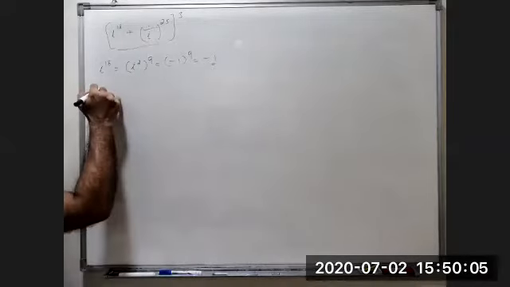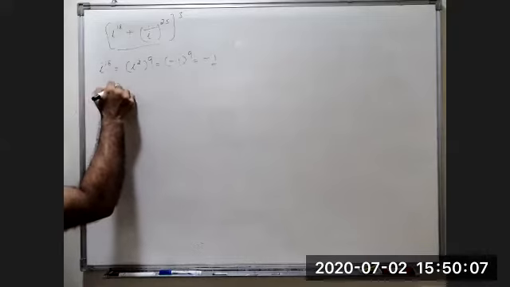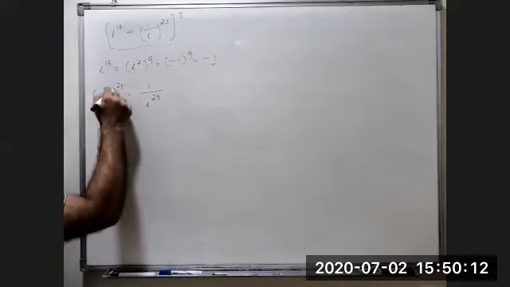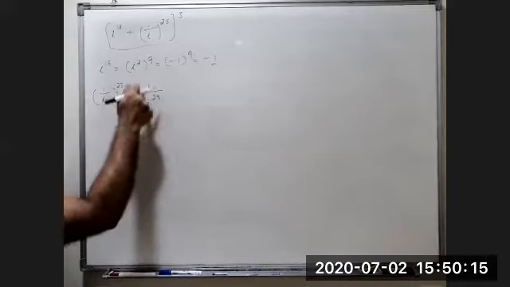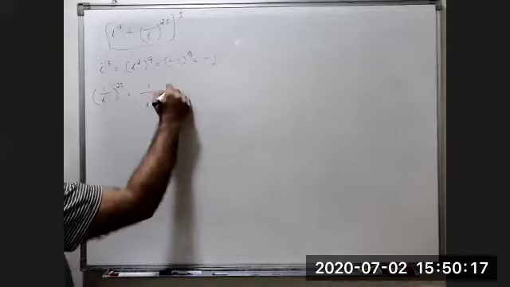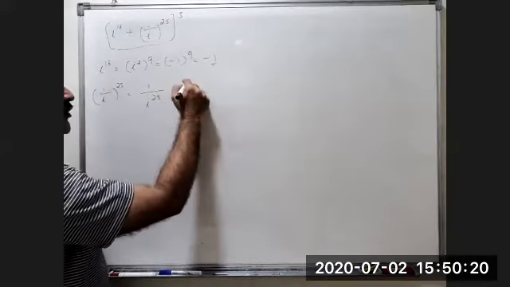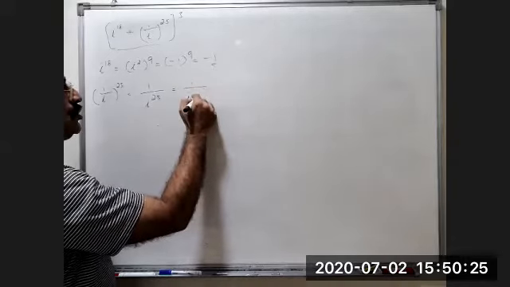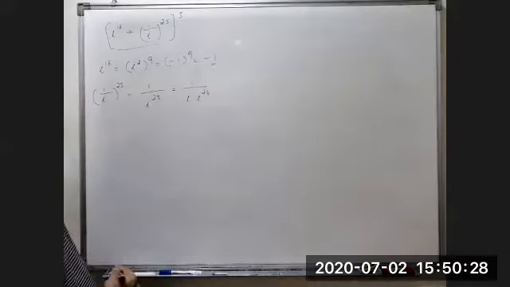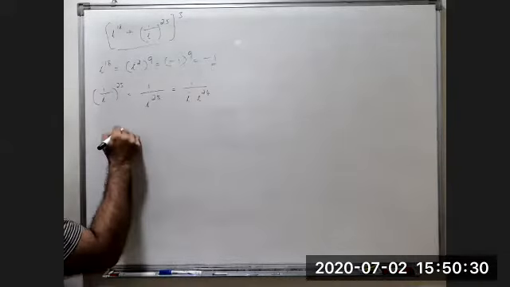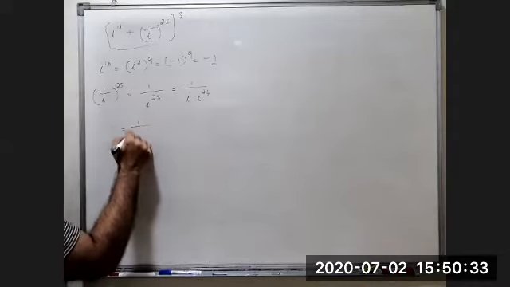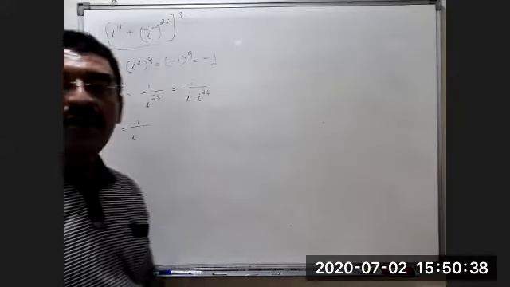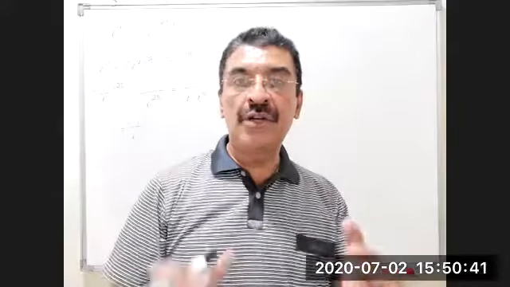Now, 1 by i raised to 25 is the same as 1 by i, the whole raised to 25, because 1 raised to 25 is 1. Again, for an odd number, we write 1 by i into i raised to 24. Even powers, we know how to evaluate: always we write i square the whole raised to something.